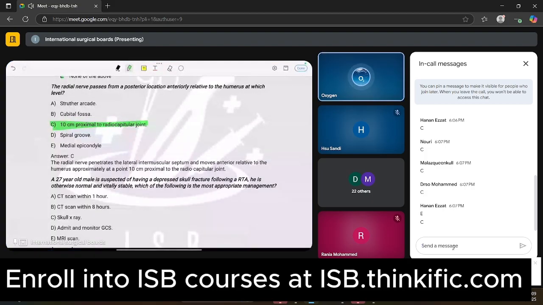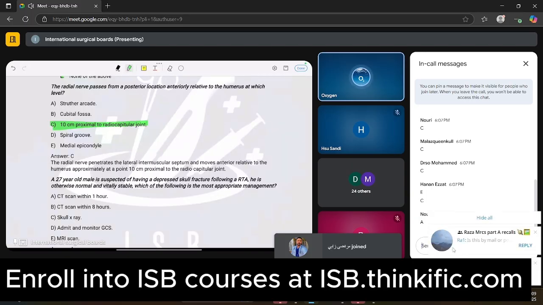A 27-year-old male is suspected of having a depressed skull fracture following an RTA. He is otherwise normal and vitally stable. Which of the following is the most appropriate management? CT scan within 1 hour, within 8 hours, skull X-ray, admit and monitor GCS, or, I can't read the last one because the surgical boards cover it on my screen, MRI scan.